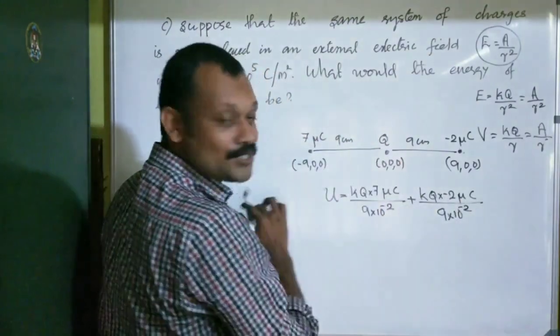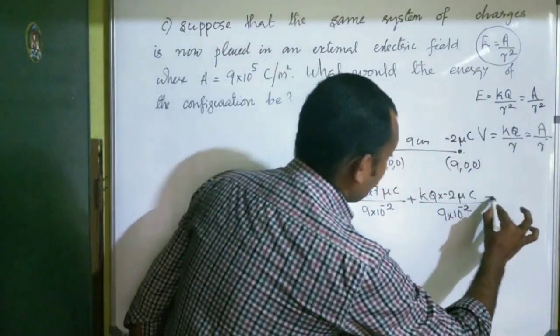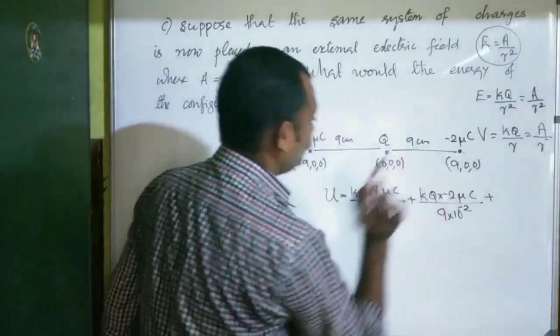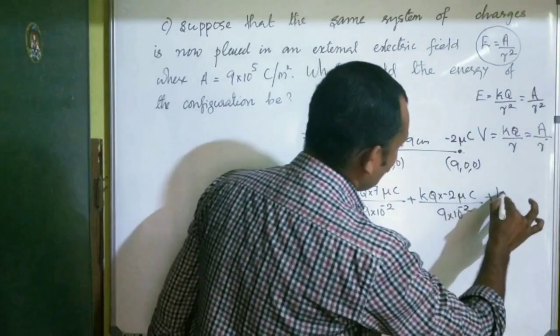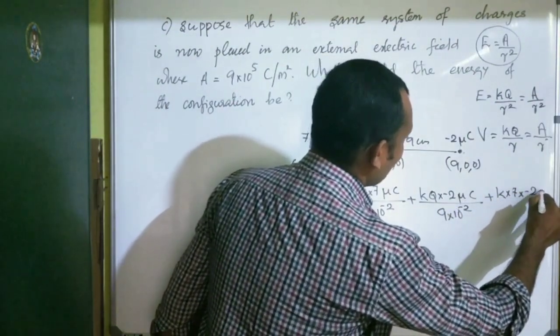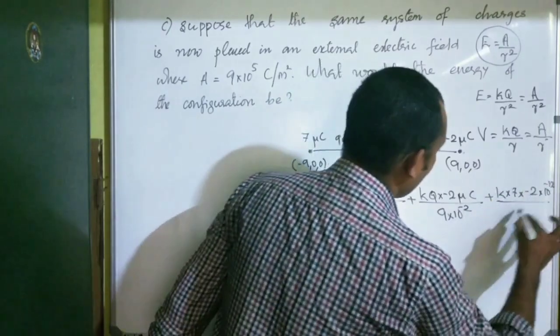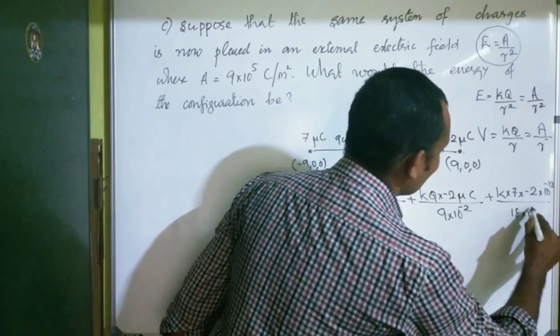One mutual particle system, the other set of mutual particles, now the third set. Plus, what's the mutual potential energy of these two? K into 7 into minus 2 into 10 raised to minus 12, divided by 18 into 10 raised to minus 2.